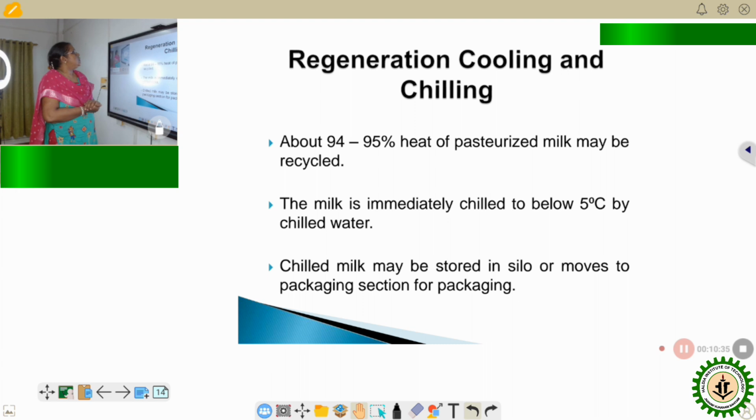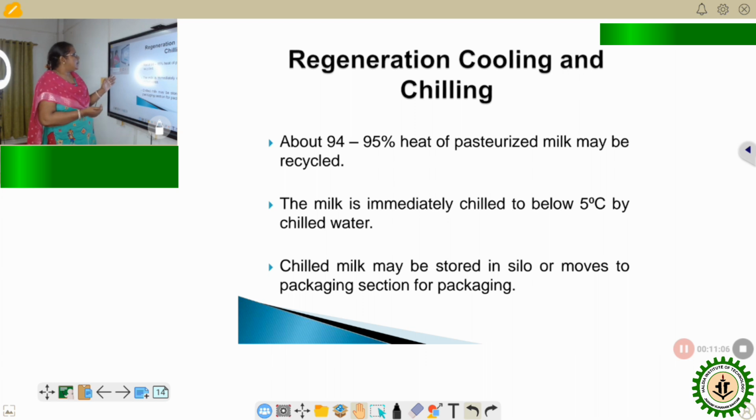Okay, after that comes the regeneration cooling section. The same part acts as both the regeneration heating and regeneration cooling section. When the raw milk is being heated, it is termed regeneration heating, and when pasteurized milk is being cooled, it is known as the regenerative cooling section. About 94 to 95% of the heat of pasteurized milk may be recovered or recycled in this way.